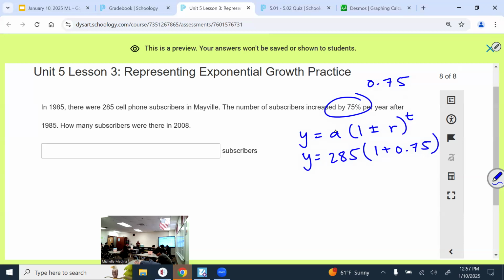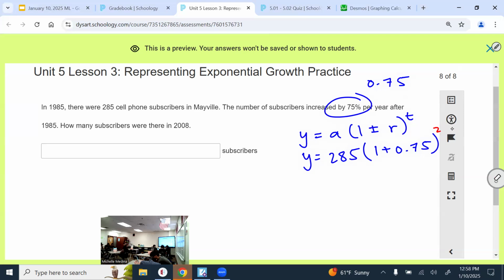Great, table 6, keep it down, please. The time frame is 23 years, that's correct. So you're not plugging in 2008. I guess you could do 2008 minus 1985 in that exponent, but the way you type it in your calculator, it'd probably just be easier to type in the 23 power.